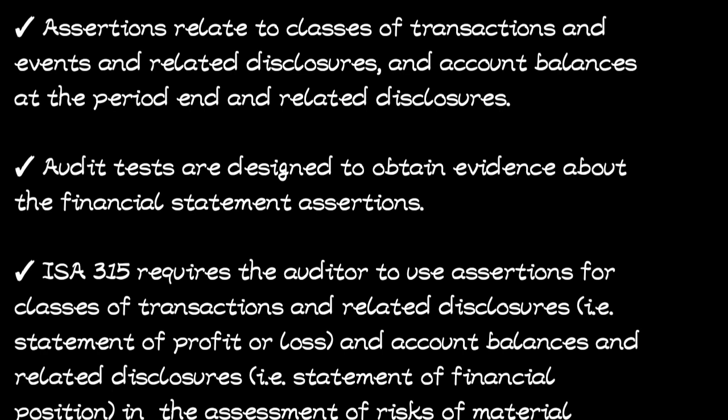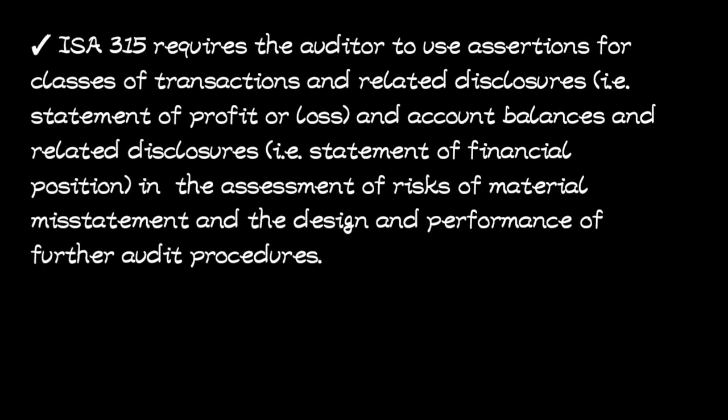So audit tests are designed to obtain evidence about the financial statement assertions. ISA 315 requires the auditor to use assertions for classes of transactions and related disclosures, those in the statement of profit or loss, and account balances and related disclosures in the statement of financial position, in the assessment of risks of material misstatements, and then the design and performance of further audit procedures.